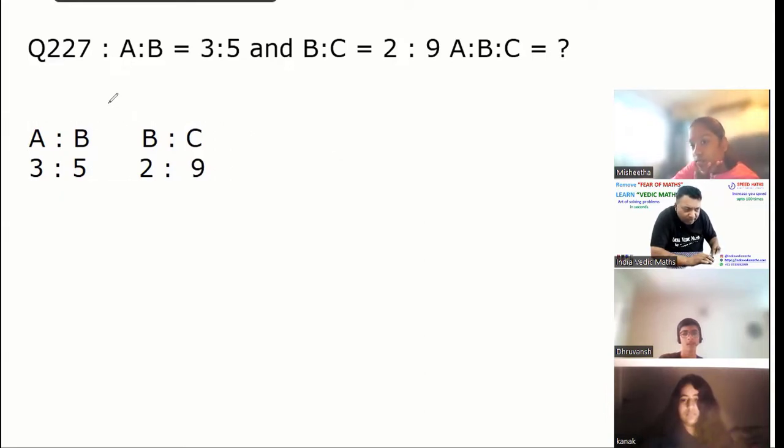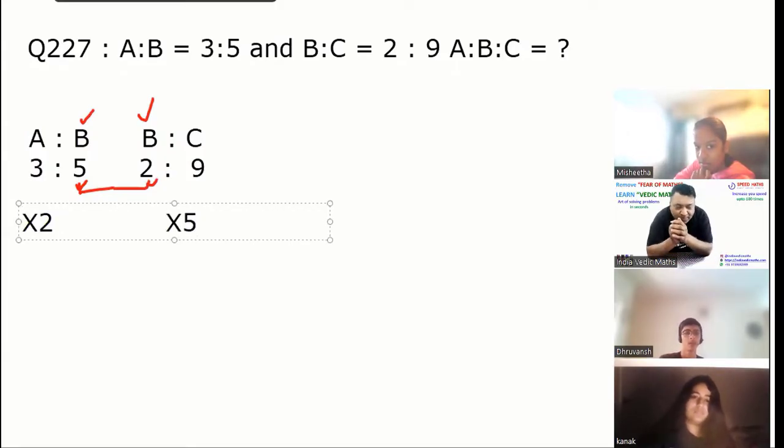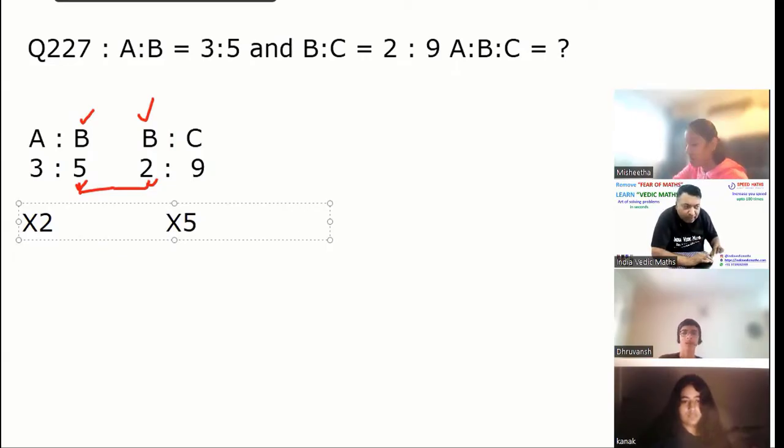So we are going to make the value of B the same in both ratios. We are going to multiply the first ratio with 2 and the second ratio with 5. Why? Because then B will become 10 in both, right?